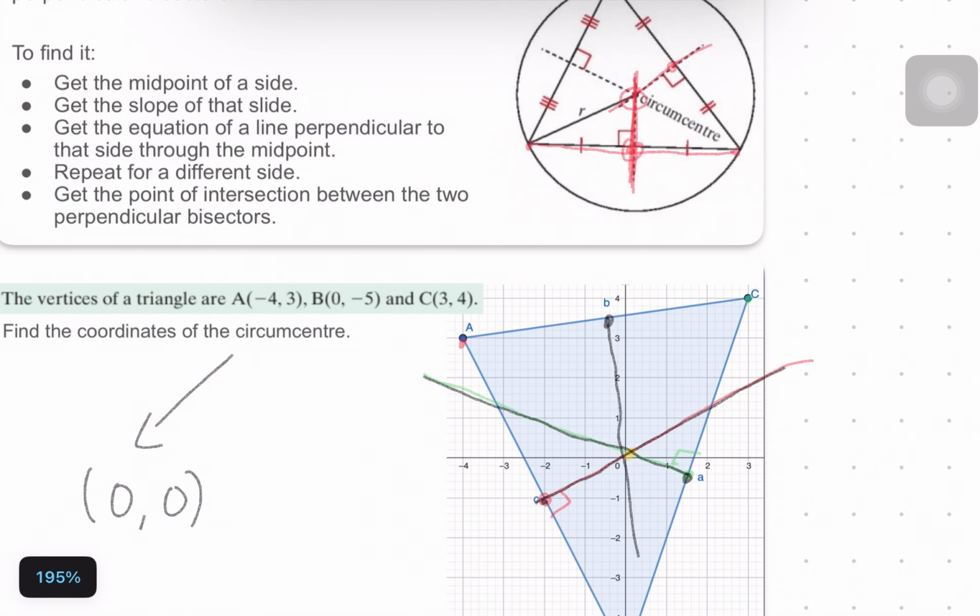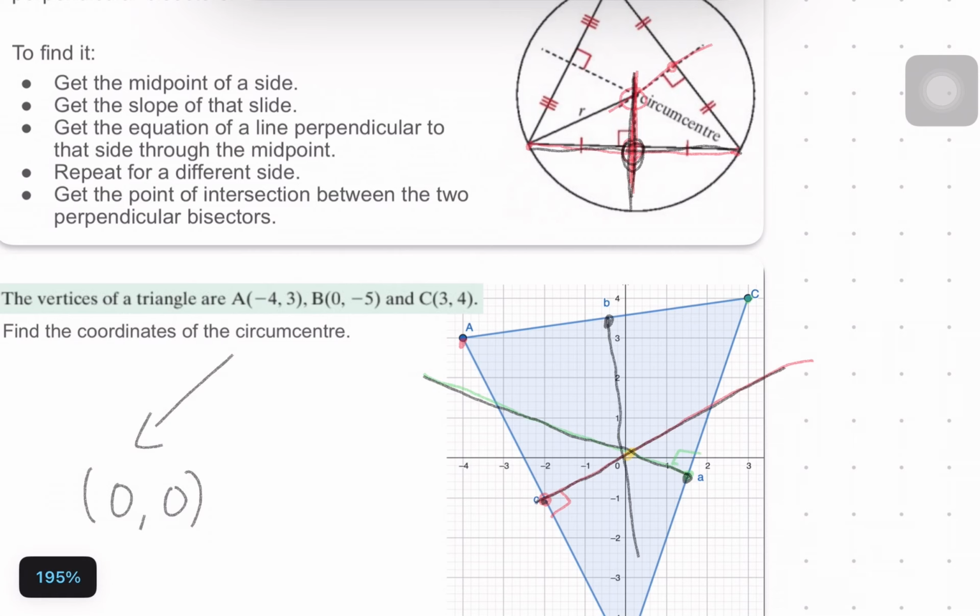So there is the circumcenter. It is the point of intersection between the perpendicular bisectors of the sides. So you get the midpoint of a side, you get the slope of a side, you get the slope of a line perpendicular to the side, then you have the slope and a point on the perpendicular bisector, so you can get its equation.